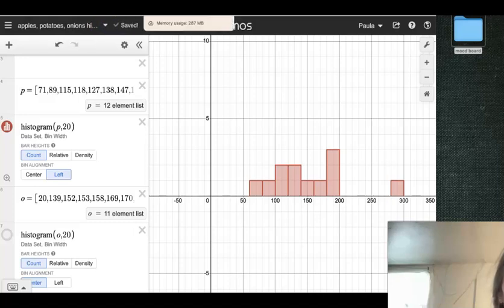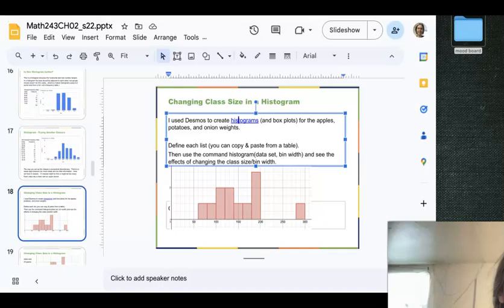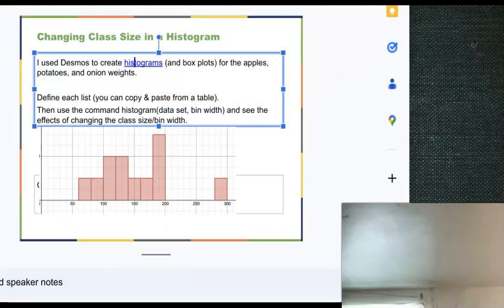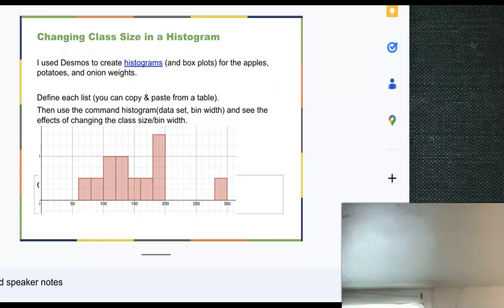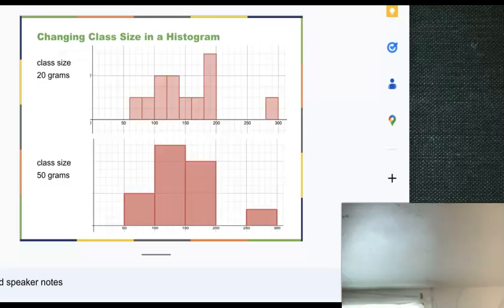Going back to our PowerPoint, Desmos creates a very good histogram. And I can change the class size for the potatoes from 20 grams, which I think is what I had there, to a 50-gram size, which is more general and less information, more chunky.